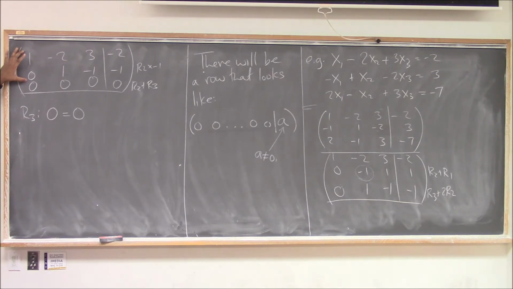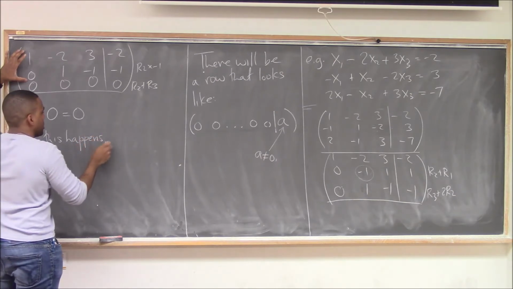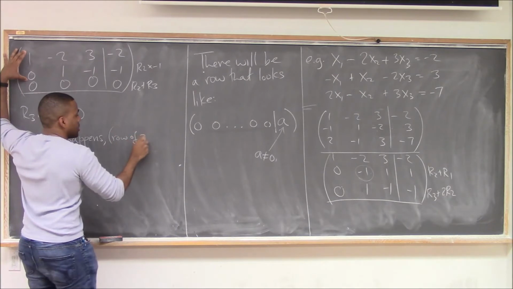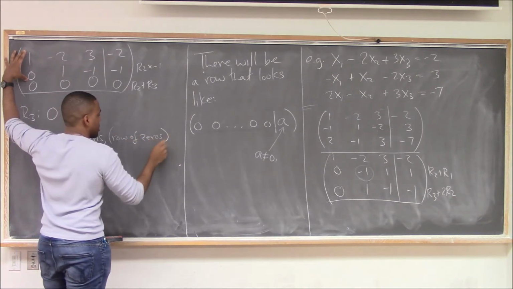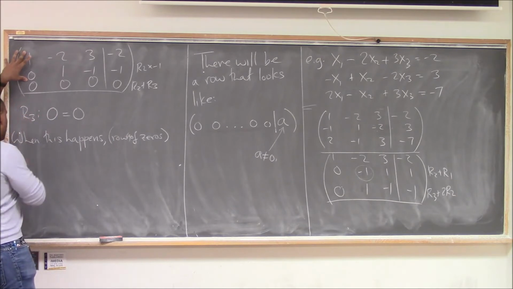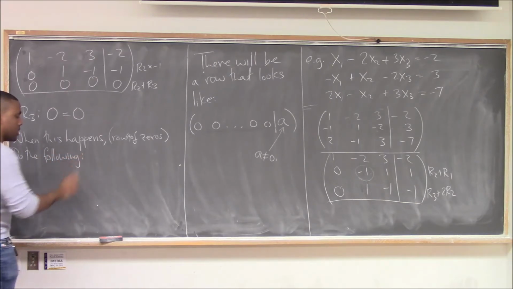So here's the process that we do. When this happens, and this being a row of zeros, or rows of zeros, do the following.